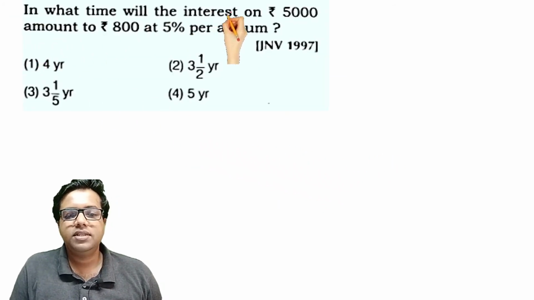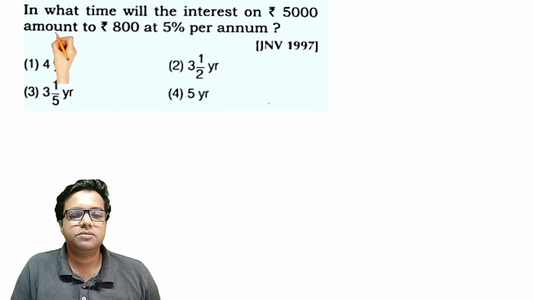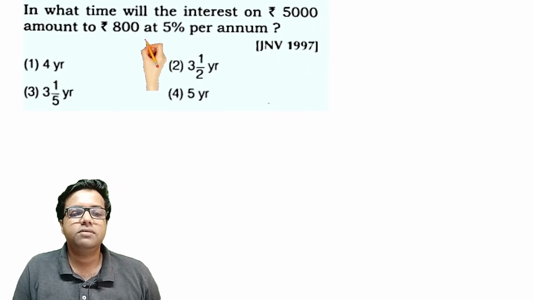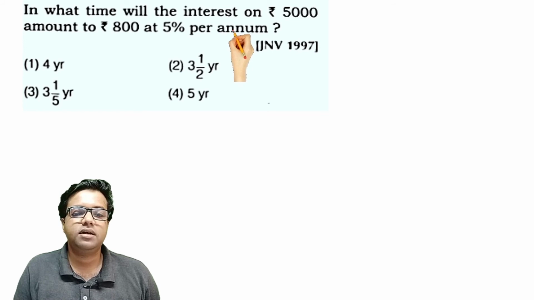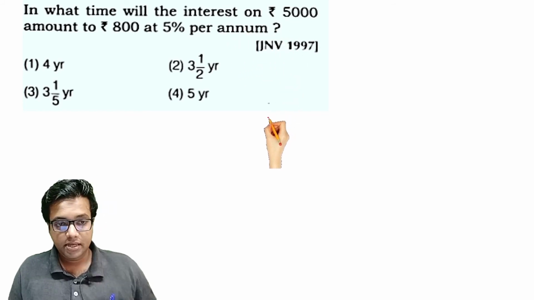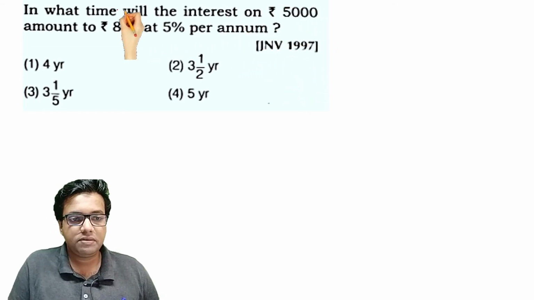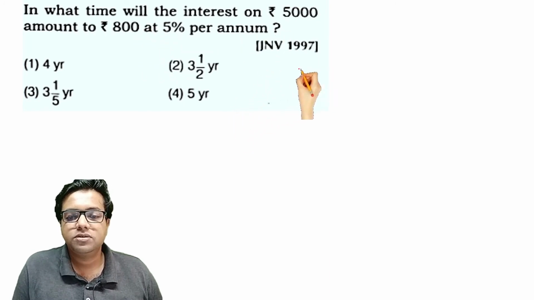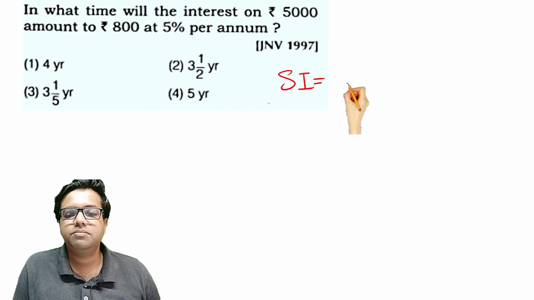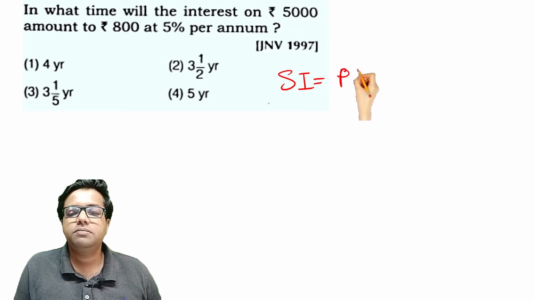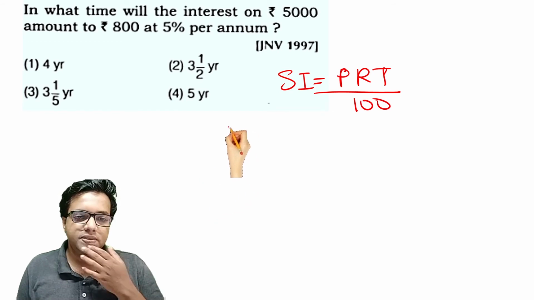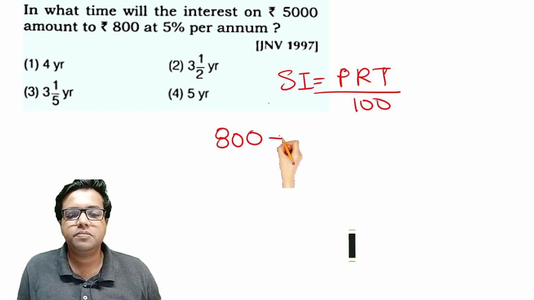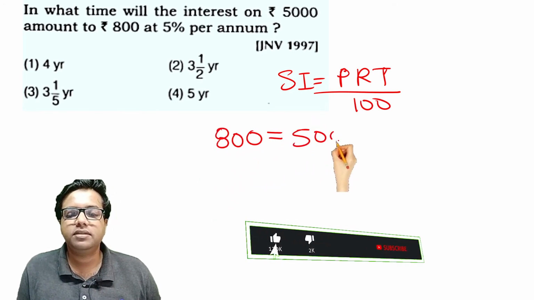In what time will the interest on 5,000 rupees amount to 800 rupees at 5% per annum? So this is a kind of simple interest based question. Simple interest is equal to principal into rate of interest into time by 100, right? So what is the simple interest they are giving us? 800 rupees is equal to, what is the principal? 5,000 rupees.